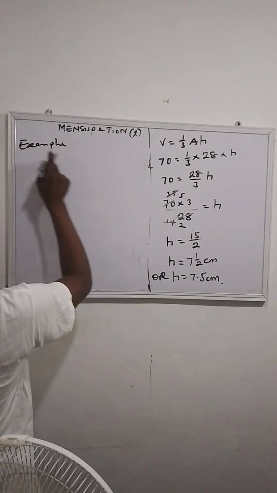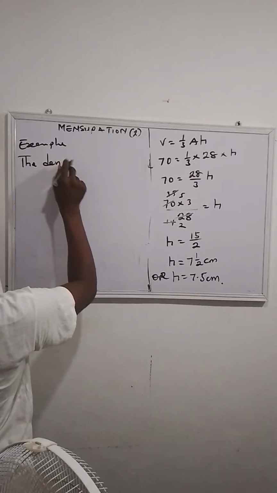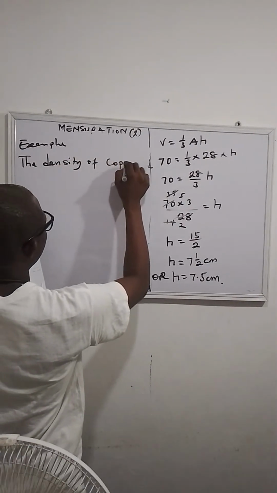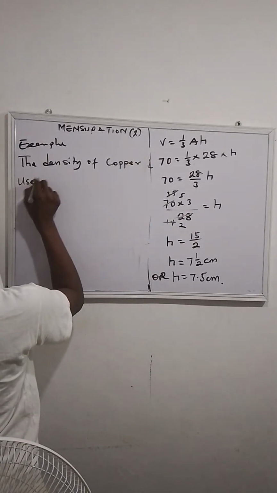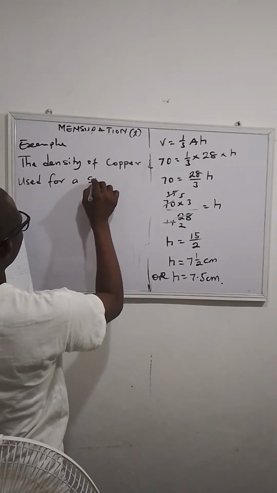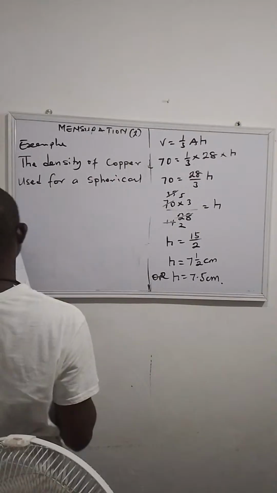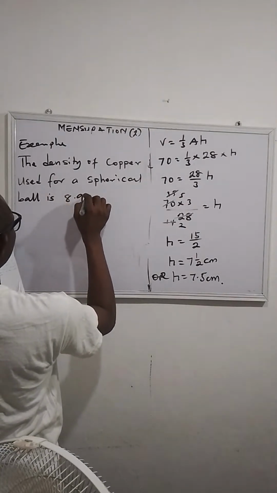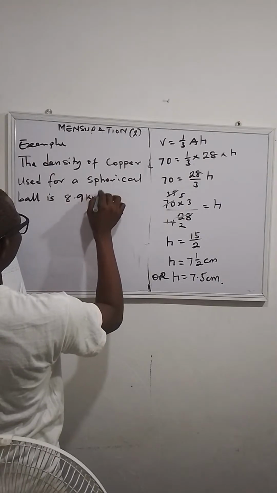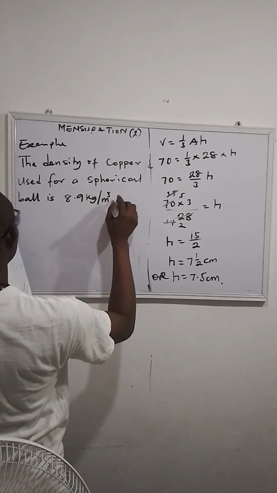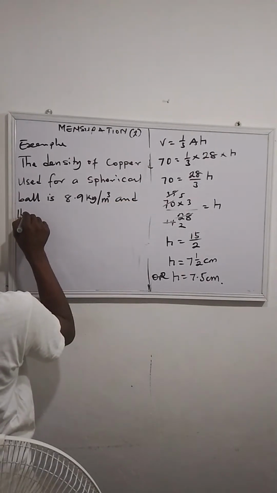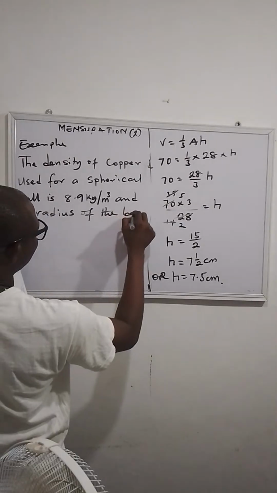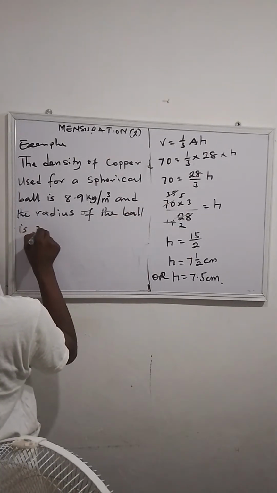Next example, we have the density of copper used for a spherical ball is 8.9 kilogram per meter cube, and the radius of the ball is 3.5 centimeter.